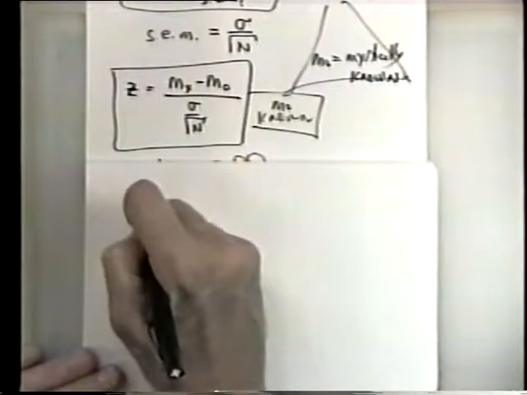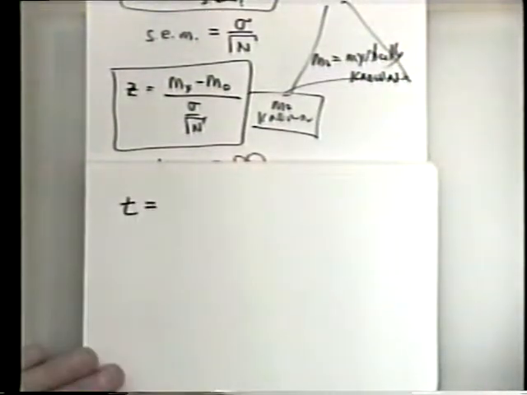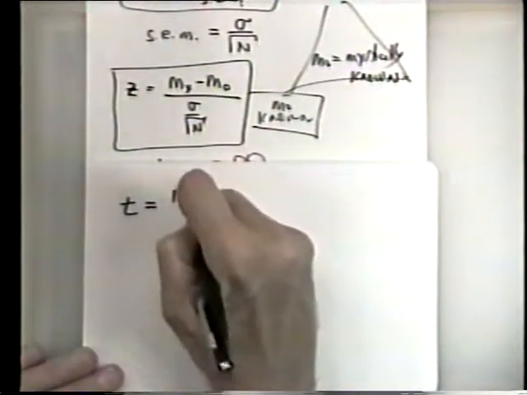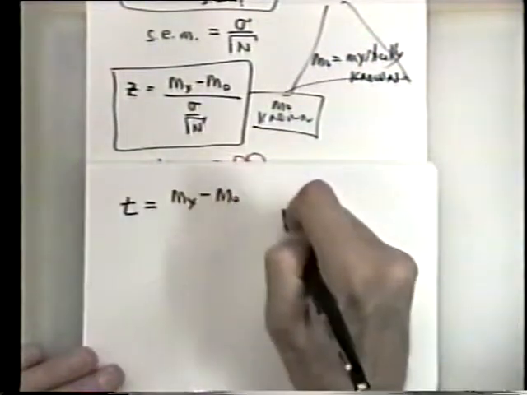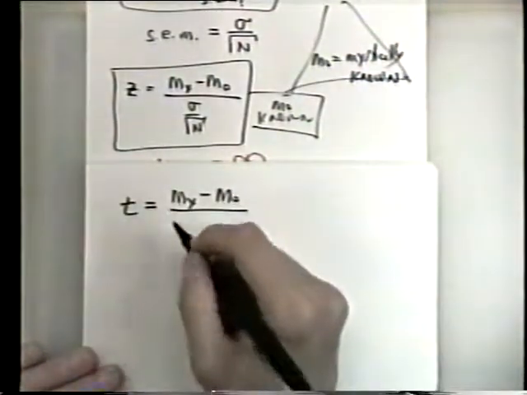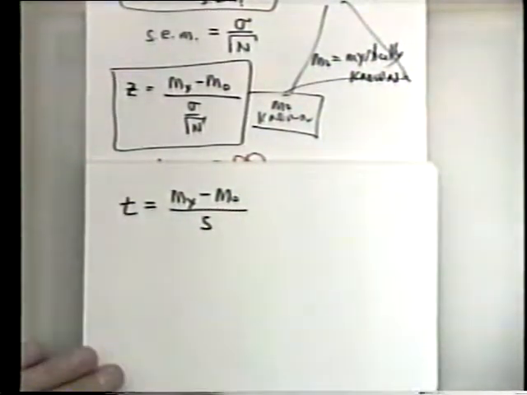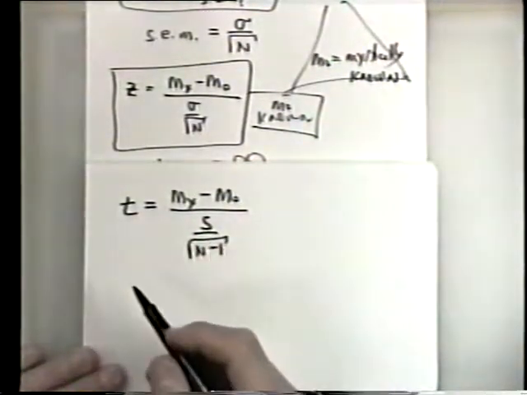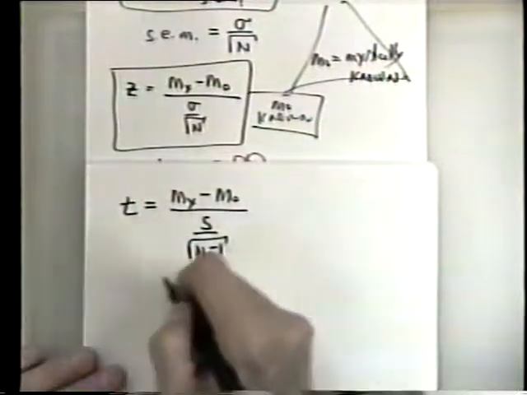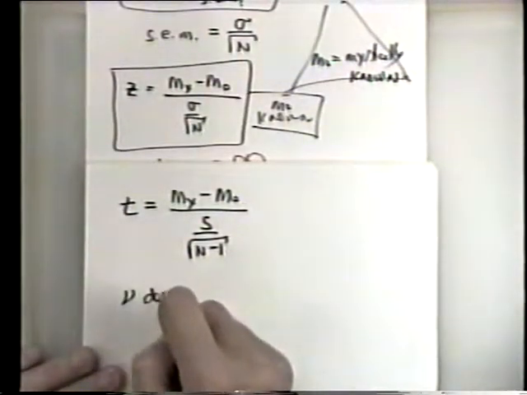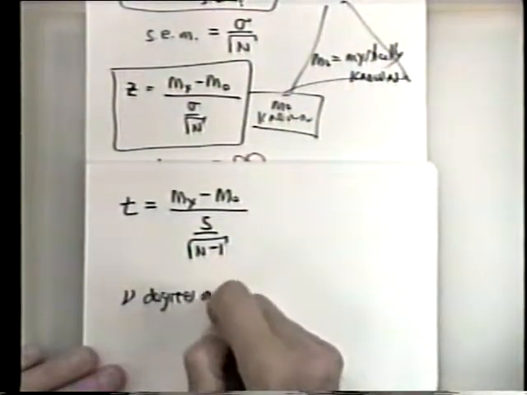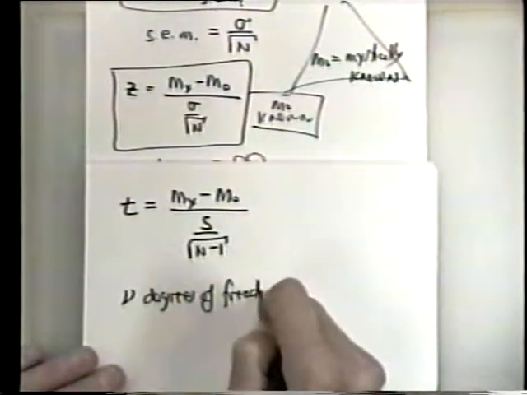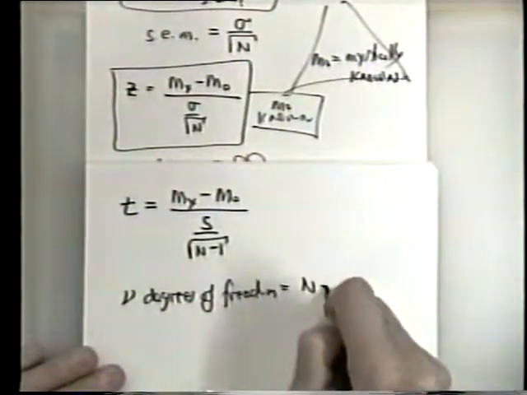And when n is less than infinity, we should use a different statistic, usually abbreviated as t, which is the experimental mean minus the known mean, again in the same situation where the mean is known, divided by the standard deviation over the square root of n minus 1. And the number of degrees of freedom is equal to n minus 1.